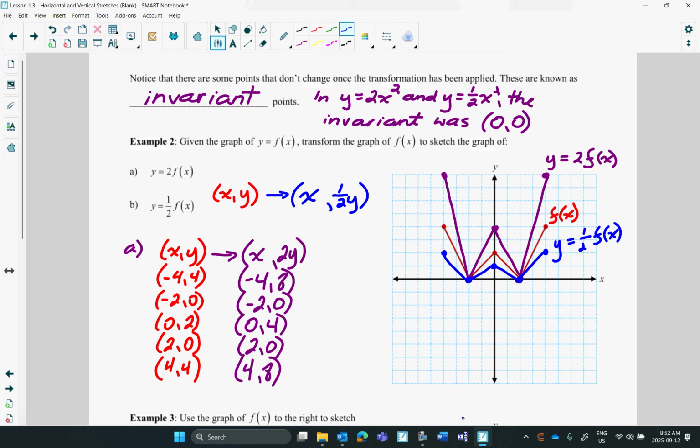And then you would do all your points, list all these, and then list all the new ones by taking half the y's. Invariant points, what are the invariant points for both of these functions? (-2, 0) and (2, 0), right. Okay.